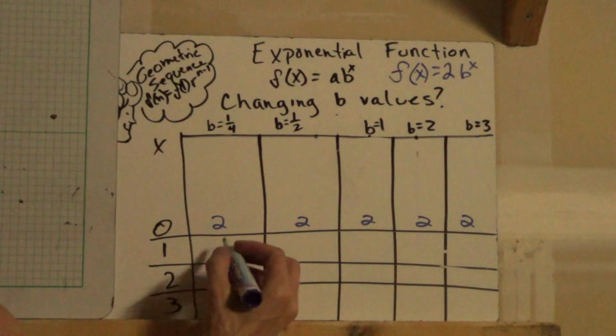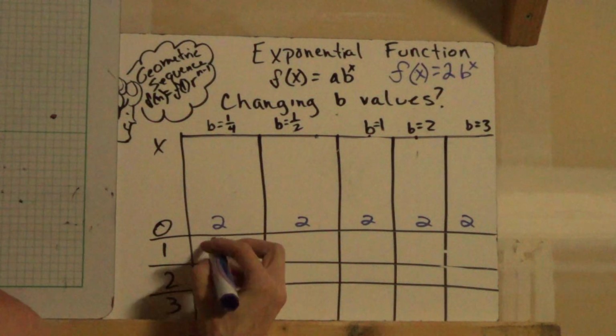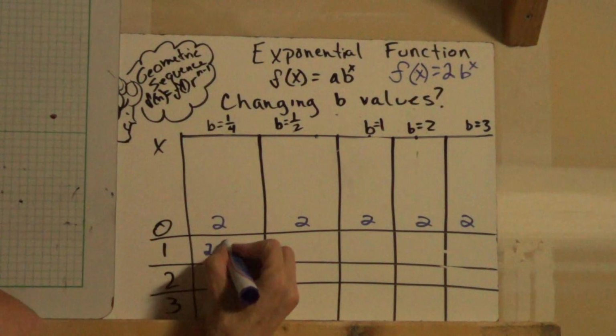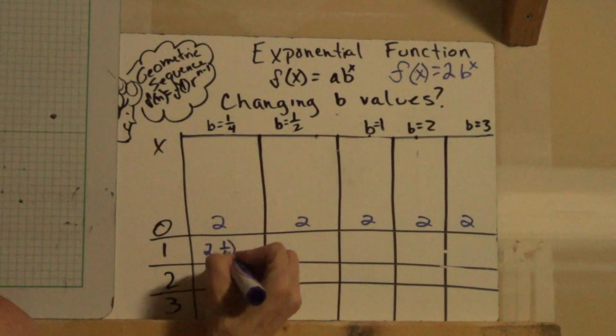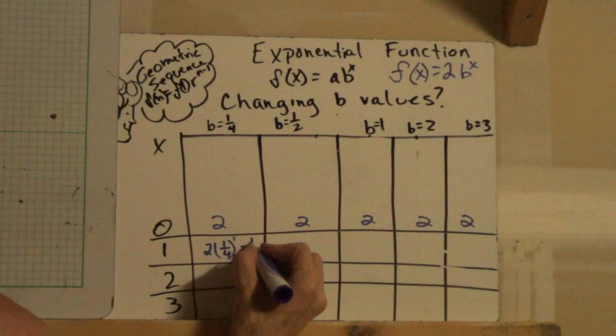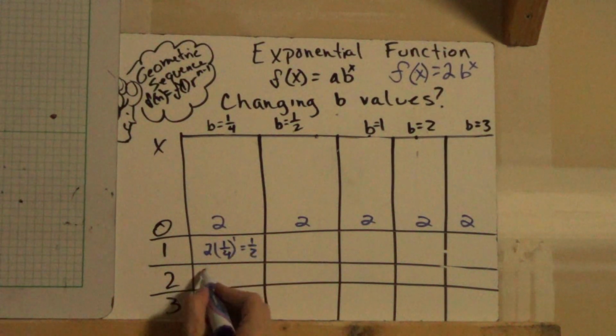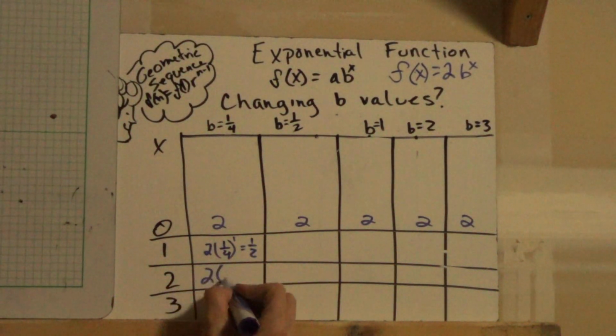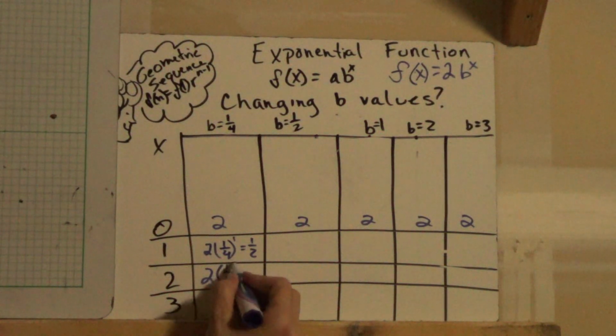Now let's see what happens here. We have 2 times a fourth to the first power. That would be 2 fourths, or equal to 1/2. 2 times a fourth to the second power.